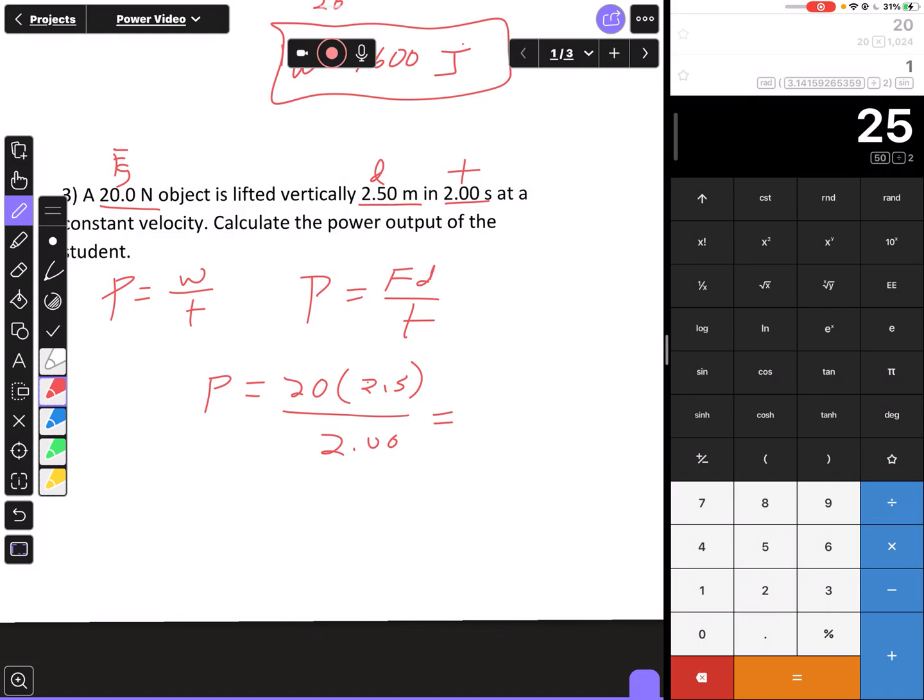So that would give me a power of 25 watts.